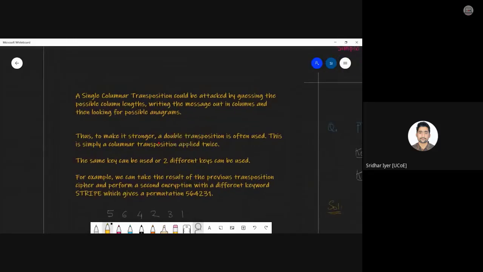The single columnar transposition can still be attacked if the attacker has very strong computing resources available. If the attacker has a very high end configuration computer, then he can apply brute forcing, he can apply some sort of guessing on that length, because ultimately the length is crucial, right? If I come to know the length of the ciphertext, length of the key, then everything is done.